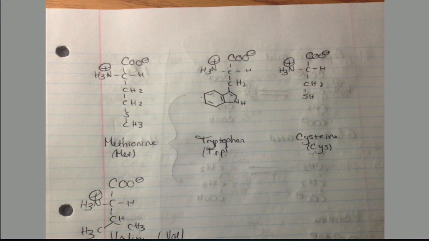Do you know what category tryptophan would be in? Which of the 4 categories? I would say that is nonpolar. What was your reasoning? The CH2 group and the aromatic ring.